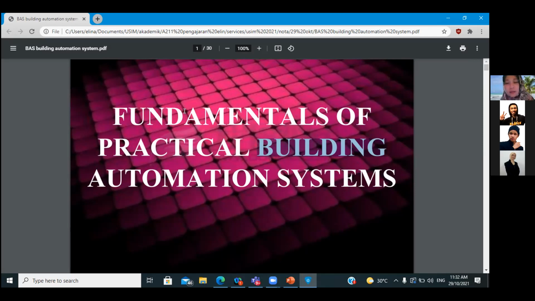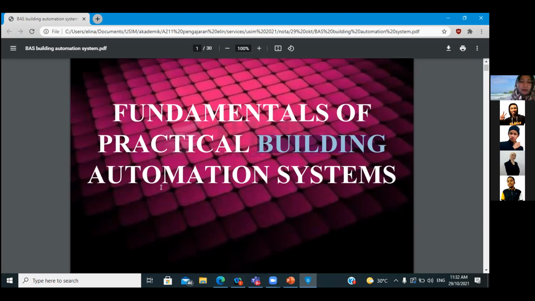Girls, aircon, what is it? Split unit, package system, what else? Central. Okay. So today we look a bit at the fundamentals of practical building automation system.